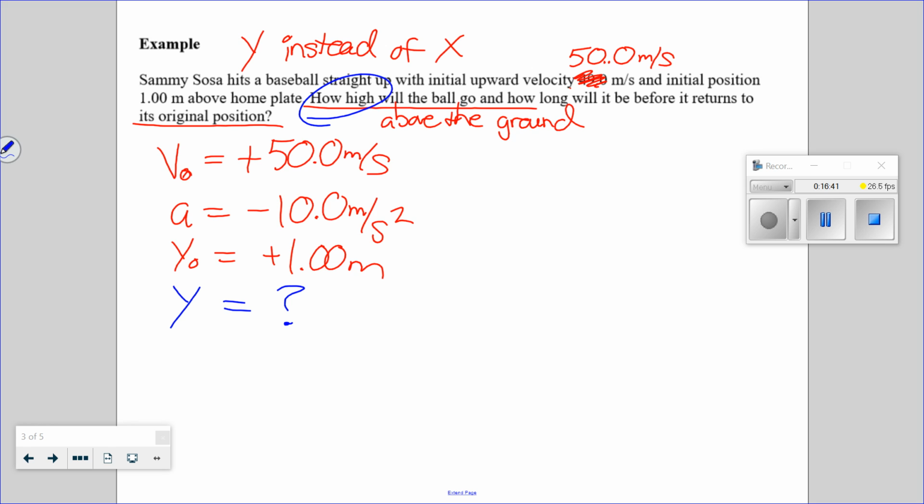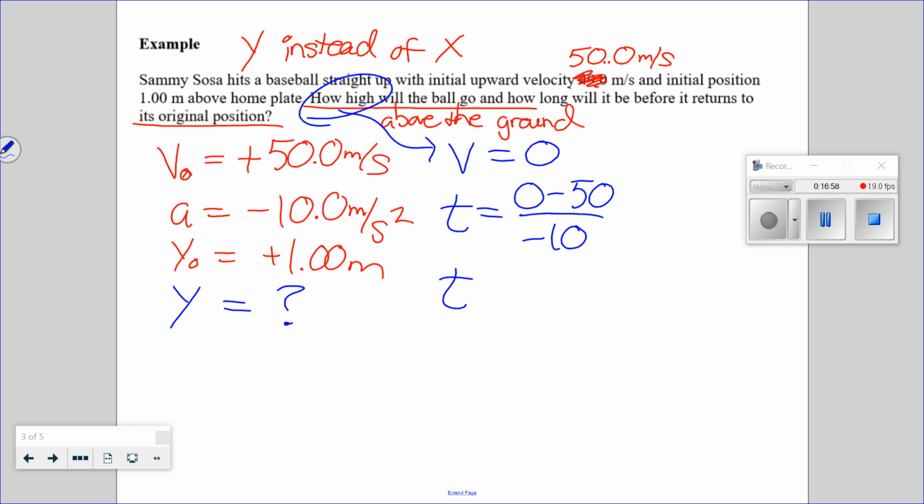So I could get the time by just doing final minus initial, 0 minus 50, divided by the acceleration. Oh no, it's like I'm messing with you. It's 5 seconds again. But that's not one of the answers. That's how long it takes to get to the top.